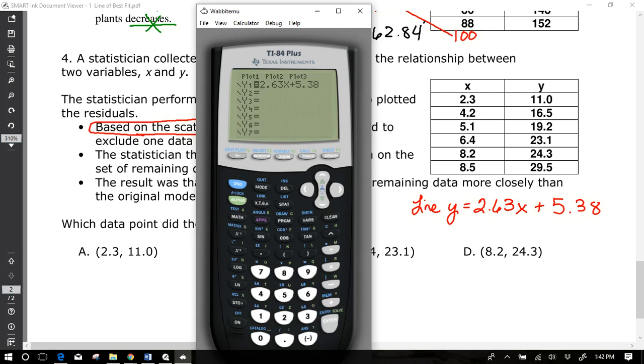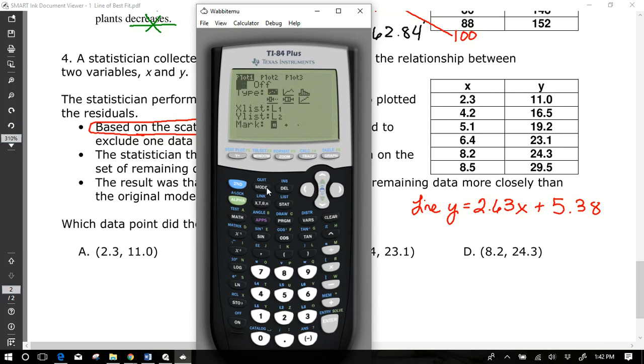All right. Now we're going to turn on the scatter plot. We do this by hitting the blue second button and then Y equals. And notice this is stat plot and it's currently off. So I'm going to hit enter and enter again to make the word on be highlighted.